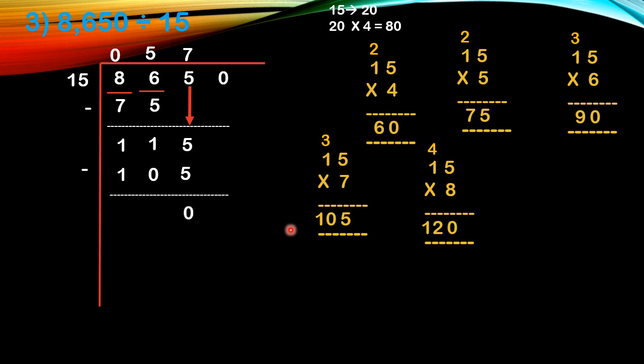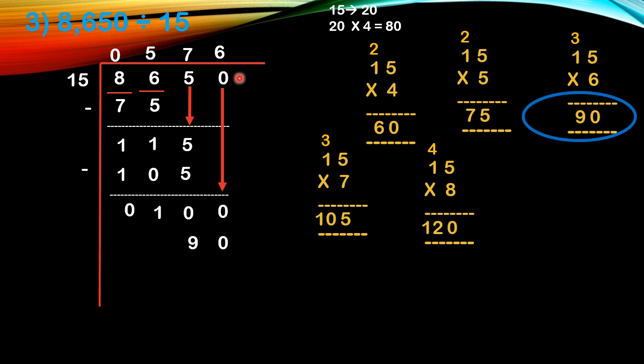Next we have to subtract: 5 minus 5, 0; 1 minus 0, 1; 1 minus 1, 0. So next step we have to bring down 0, that is 100. We have already done the multiplication of 15 into 6, 90, and 15 into 7, 105. So 90 is less than 100, so we can choose 90. So 6 in the quotient place, then 90.